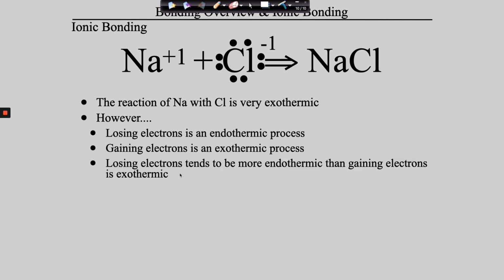But here's the thing, guys. Losing electrons, what happens to sodium? This is generally, and in the case of table salt, definitely, this requires more energy to go in to lose that electron than the energy that comes out when the chlorine captures that electron.